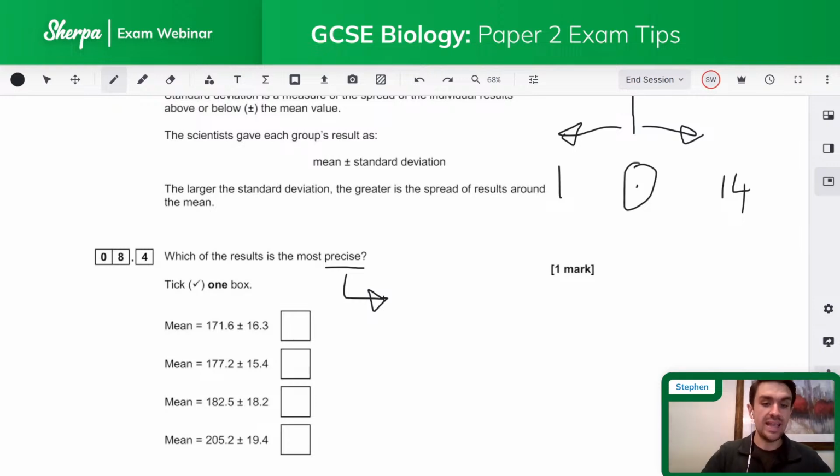So what we want here is the value that has the lowest standard deviation. A precise value is one that doesn't deviate much from the mean. So because our plus or minus is the smallest, for this we have the most precise value. Most of the results are centered around our mean.